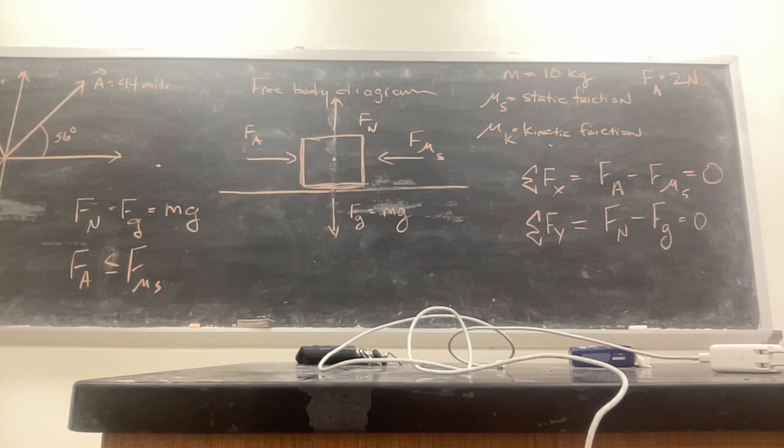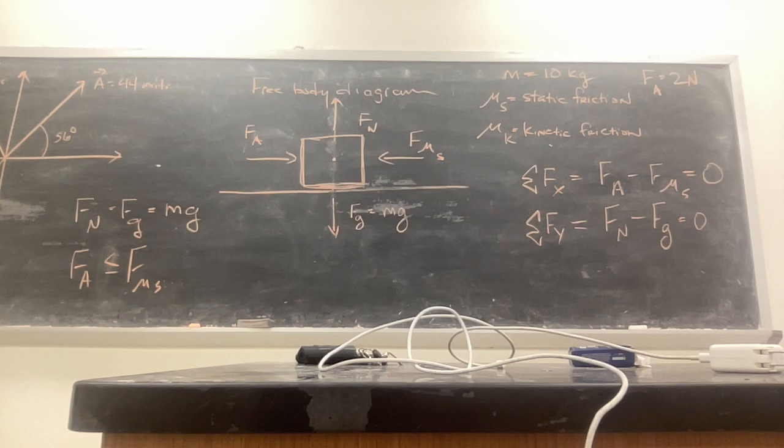When I push something, I could be pushing right now. I'm just not pushing hard enough for it to move. But I'm applying a force. I could push a little harder, and still it doesn't move. So that's 2 different forces.